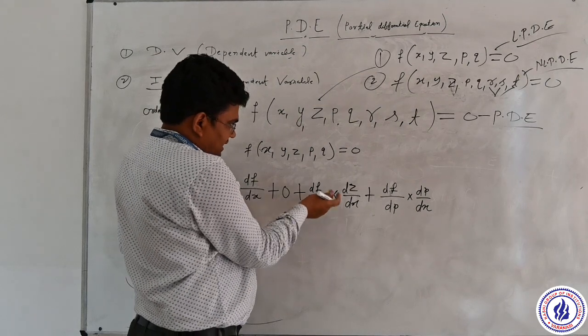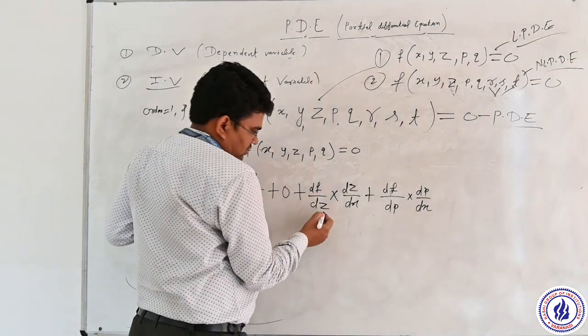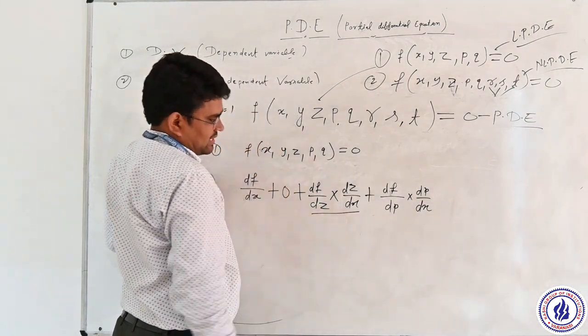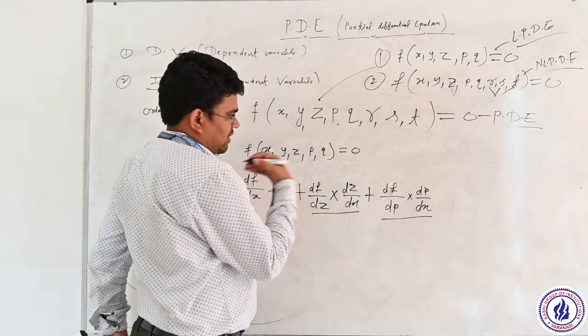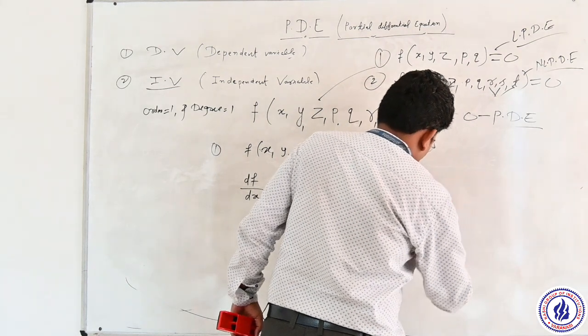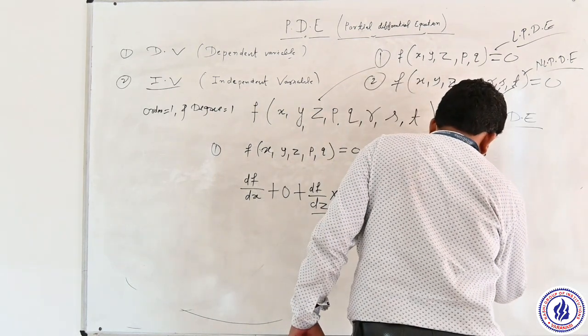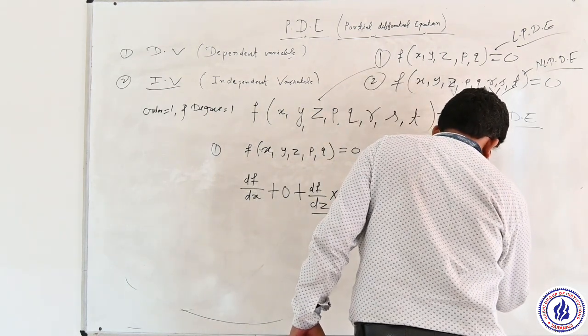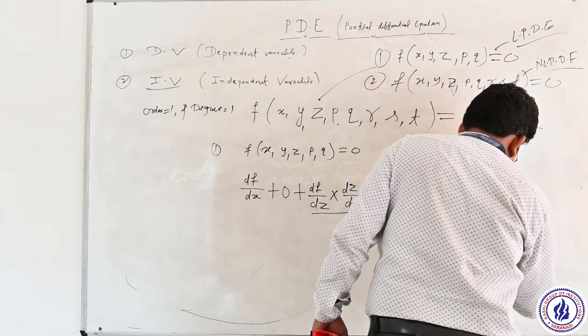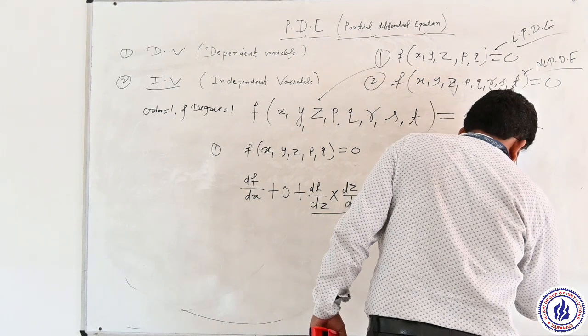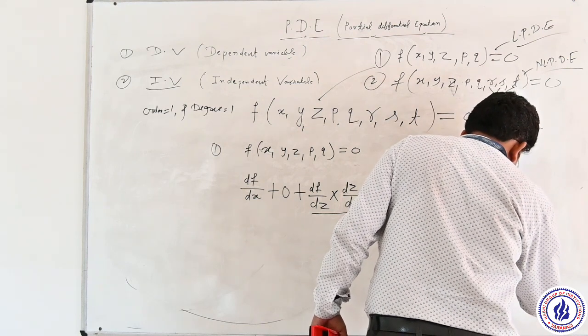The same step you follow for this one, right? Now again we have the differentiation of q, and our operation again goes with respect to x for q also.